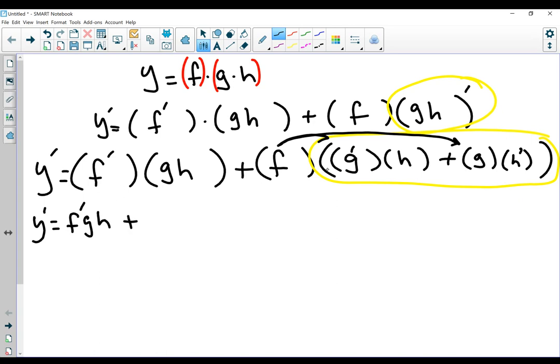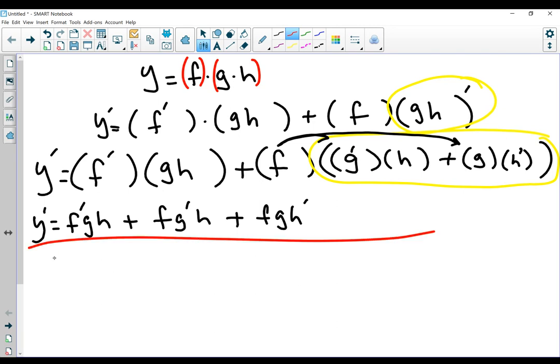Now if we distribute f times g prime h, it would look like this, f g prime h. And then if I took f and distributed to gh prime, it would look like f gh prime. So really what you should focus your attention to is you had three functions. We now have three expressions, and that prime kind of moved from one function to the rest.